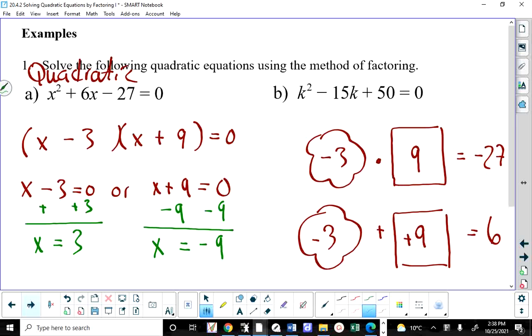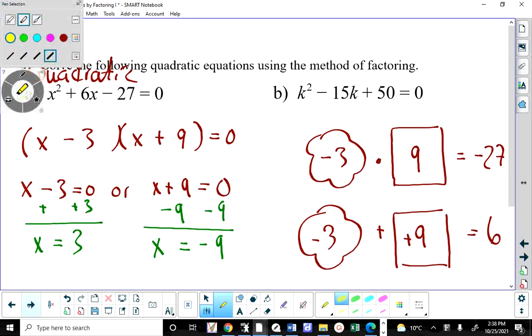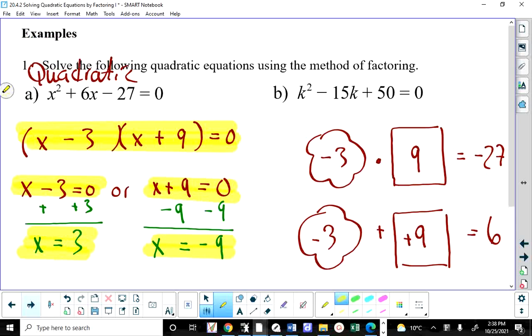And the things that I want to see in your work are this, and that includes the equals 0, this, and your answers. There's a reason for this.